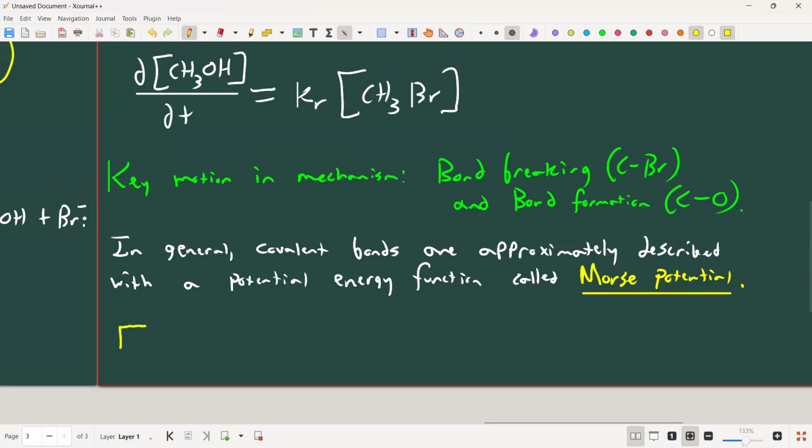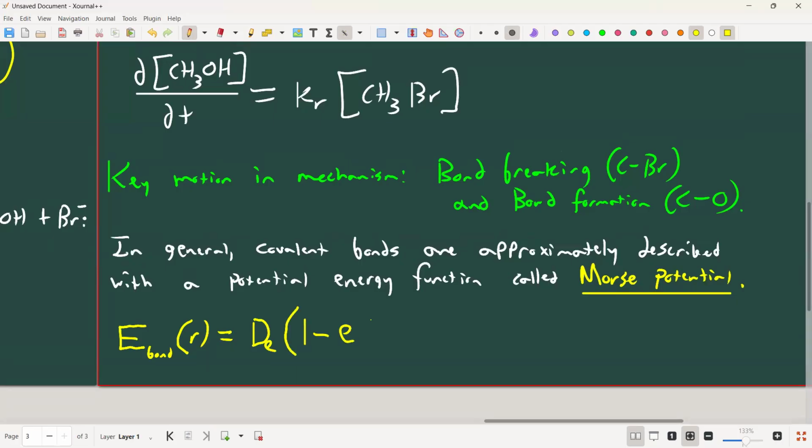And we could say that the potential energy of the bond as a function of the distance between the two atoms is equal to some number d sub e times 1 minus e to the minus alpha times r minus r sub e, another number, all squared.